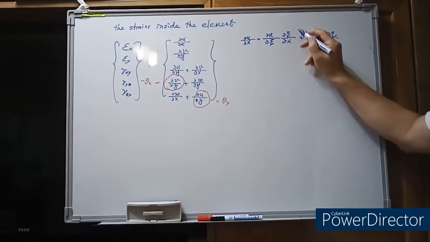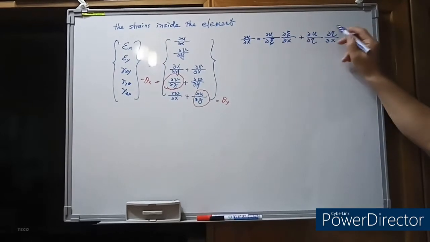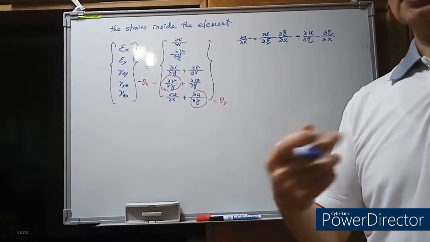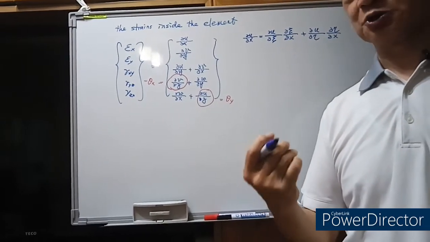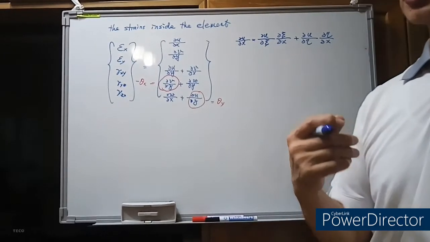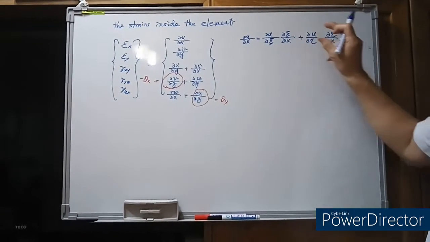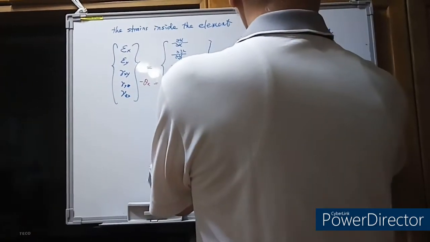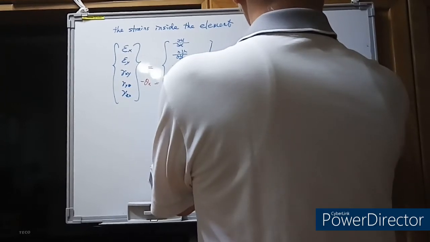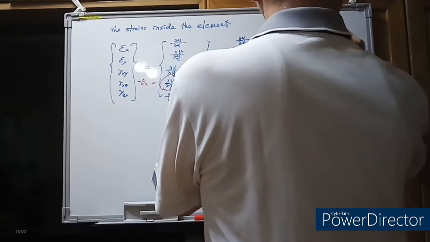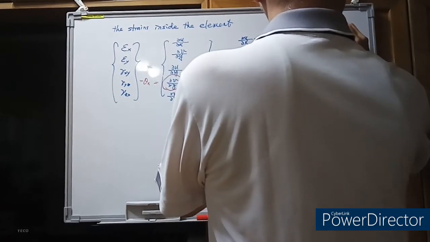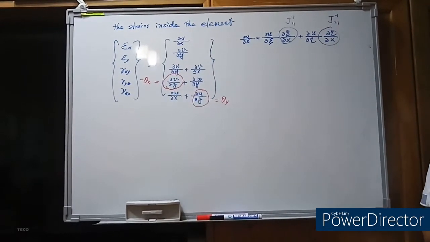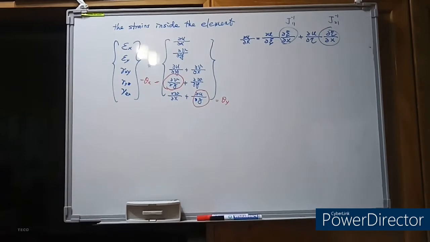And you should know how we get these two terms. We need to calculate the Jacobi matrix first, and then we need to calculate the inverse matrix of the Jacobi matrix. So these two terms will come from the J inverse matrix.